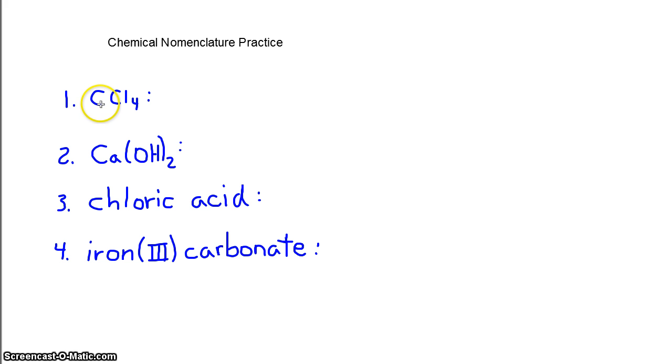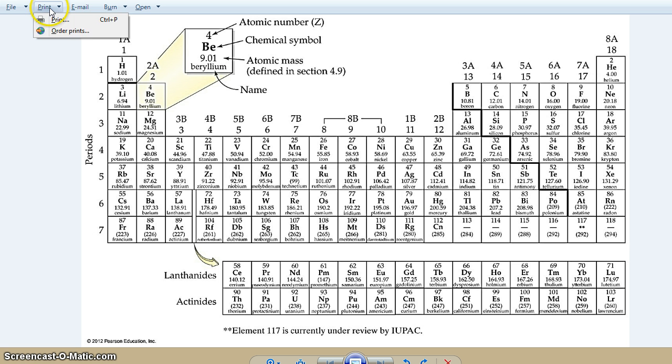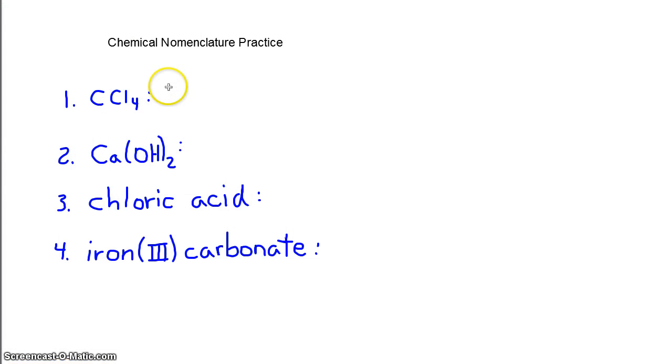So we have an element of carbon and an element of chlorine. And we'll notice that both carbon and chlorine are nonmetals. So because this particular compound consists of two nonmetals, this kind of compound must be a covalent compound.